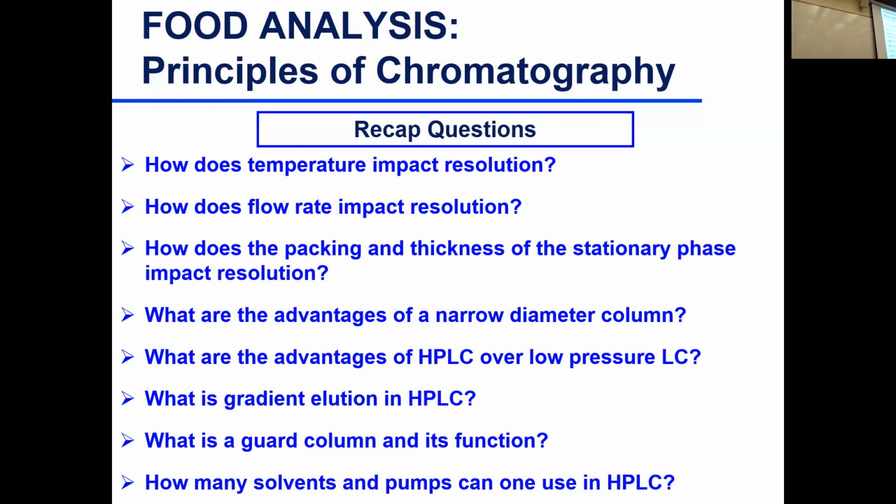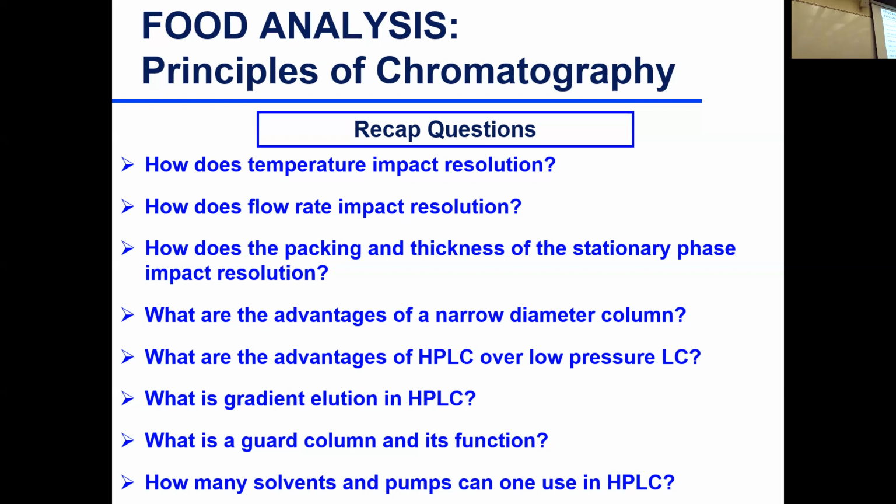Go ahead, Drew. Don't you get better? We get better resolution because we have better packing, so you don't have a lot of space between particles of your stationary phase. So you don't have constituents analyzed going into multiple directions and being delayed on the column and widening. You have diffusion and you have really wide peaks.